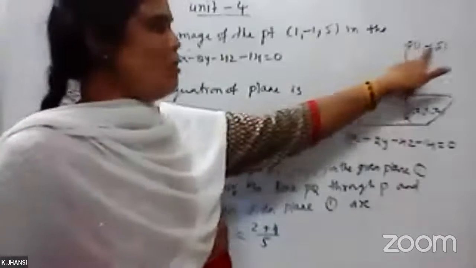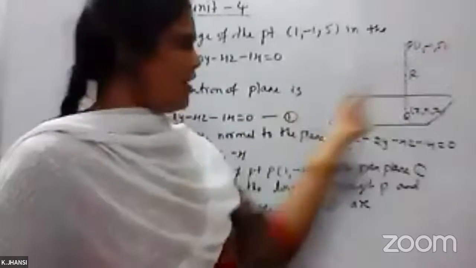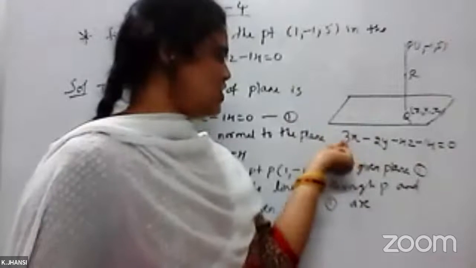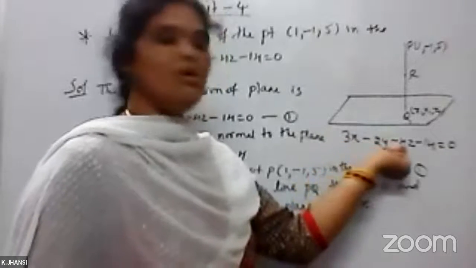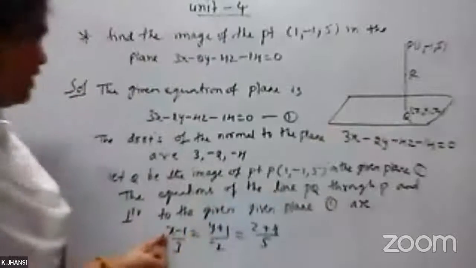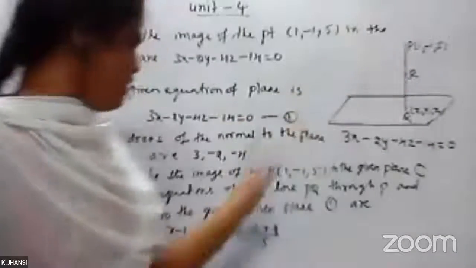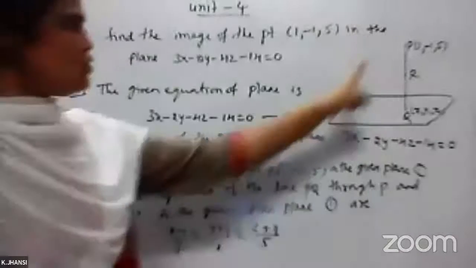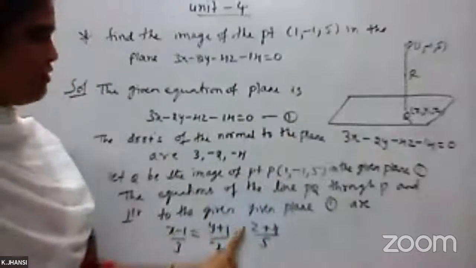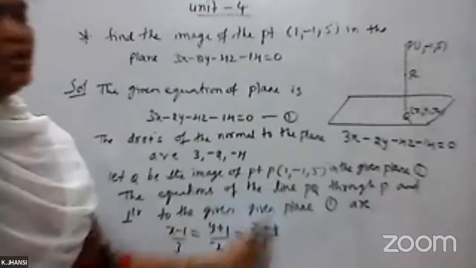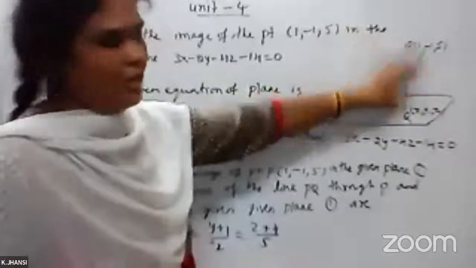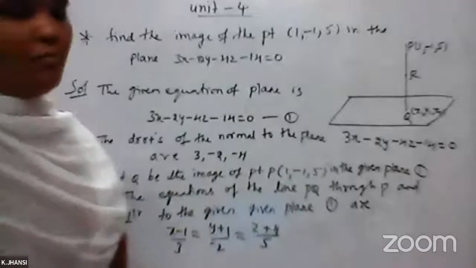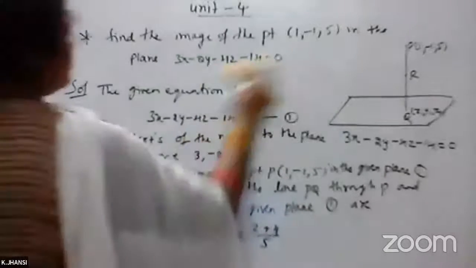P is the point (1, -1, 5), and the direction ratios of the plane's normal are 3, -2, -4. So this is the line equation of PQ on the plane 3x - 2y - 4z - 14 = 0.